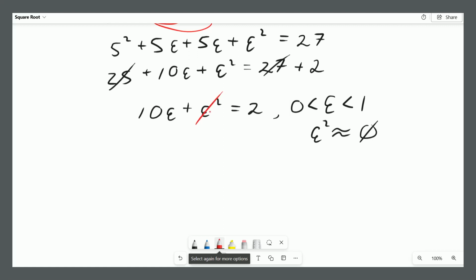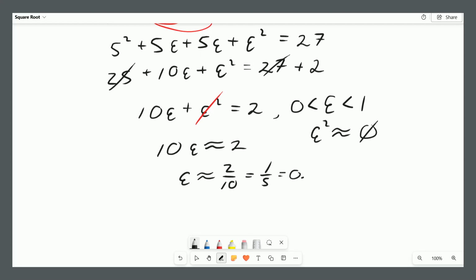Epsilon² is an even smaller number. So if we're just looking for an approximation, rounding to some number of decimal points, we can actually cancel out epsilon². And we get that 10 epsilon is approximately equal to 2, which means epsilon is approximately equal to 2 over 10, or 1 over 5, or 0.2.